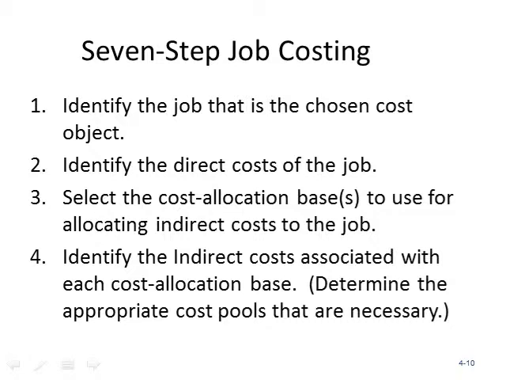Then we identify the indirect costs associated with each indirect cost allocation pool. When we talk about a manufacturing facility indirect allocation, what are the costs that go into it? Is it rent? Is it property taxes? Is it utilities? Is it janitorial services? Would it include administrative oversight?